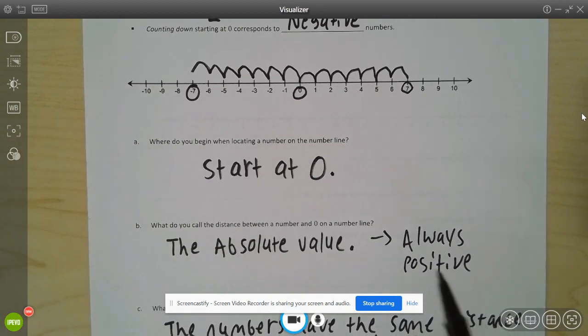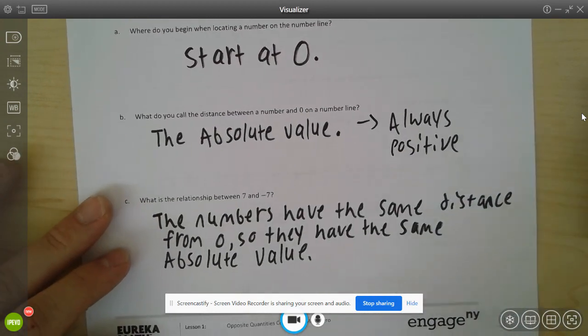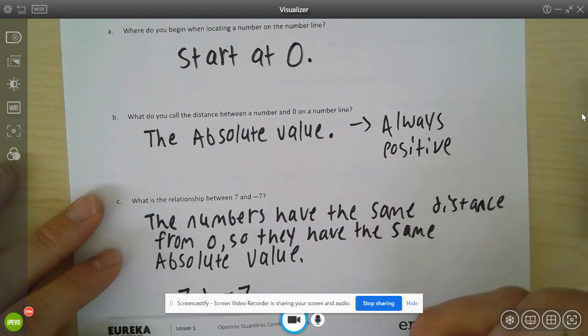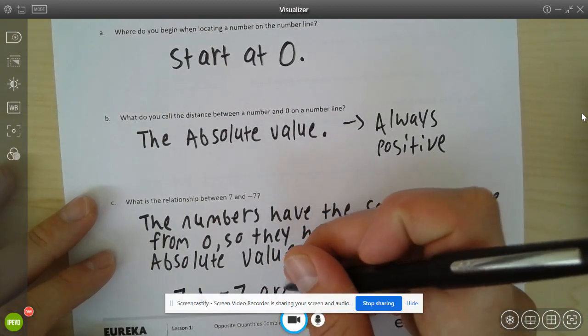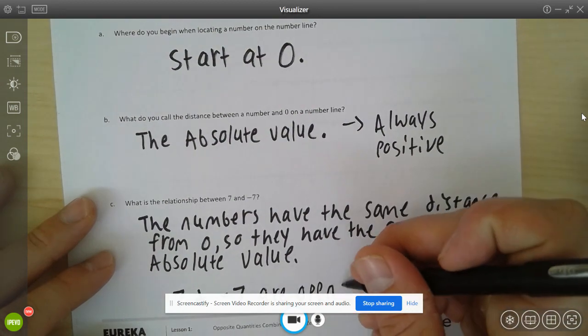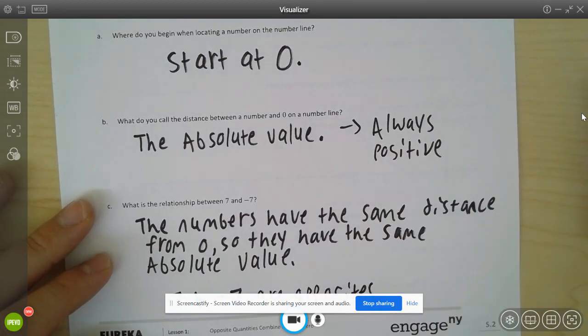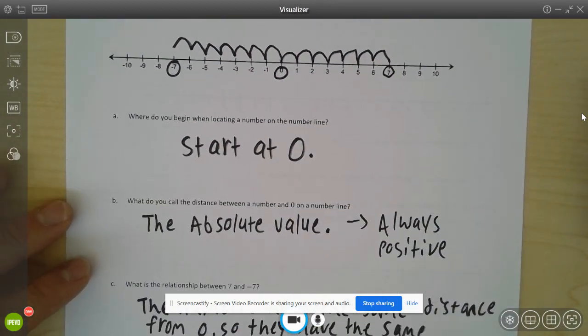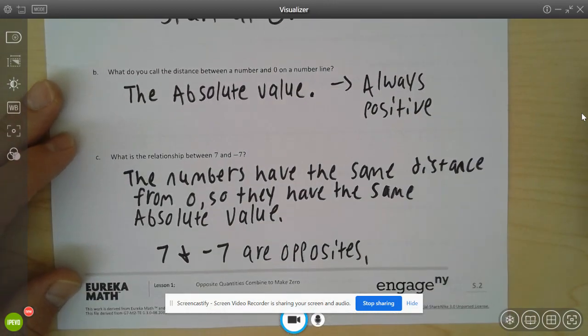Because these are equal distance in opposite directions, we could also say that 7 and -7 are opposites. They are the same distance from 0, but in opposite directions. So 7 and -7 are opposites.